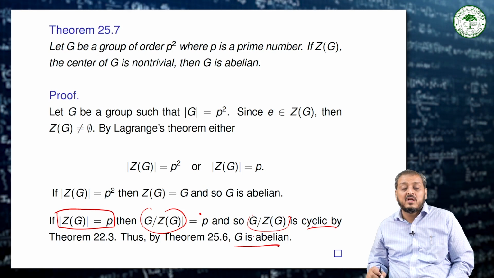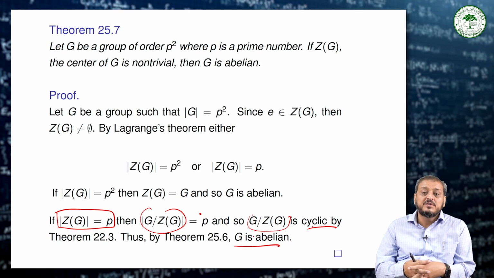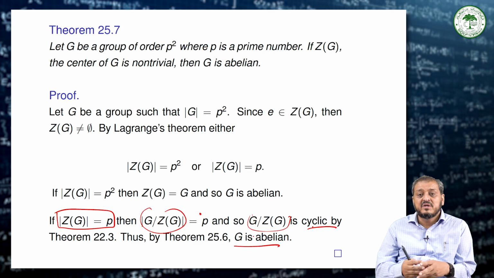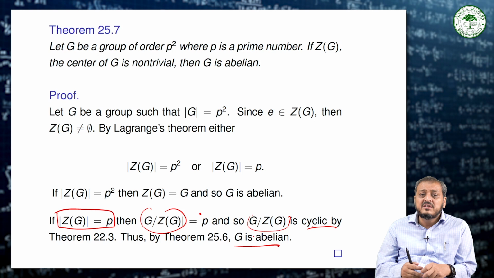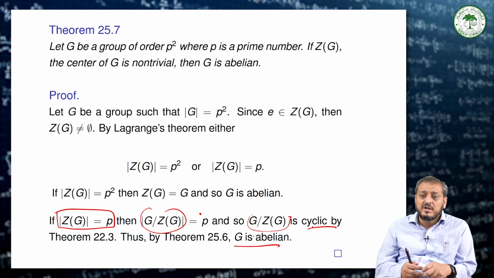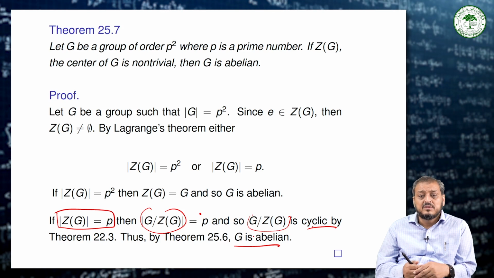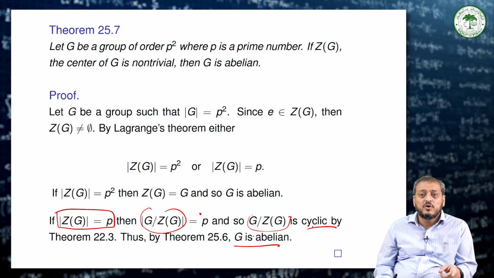We have proved this. So if G is a group of order P squared, where P is a prime number, and ZG, the center of G, is non-trivial, then G is an abelian group. Now this completes the proof of this theorem.